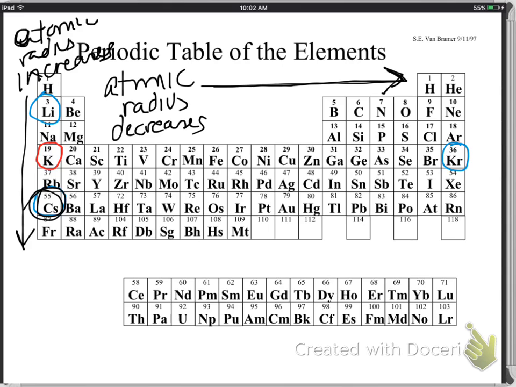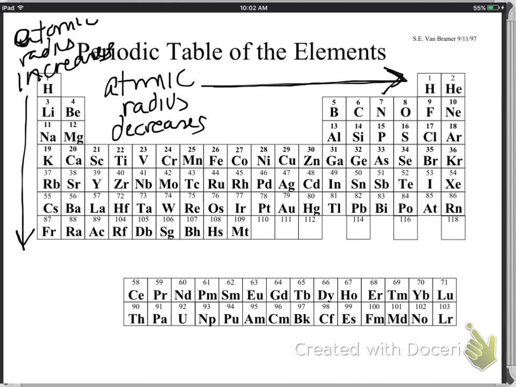Number 8 is a little bit tougher because you have to know what happens when you form an anion. Does radius increase or decrease? Form an anion, you add an electron. You now have more electrons pulling out than protons pulling in. They get bigger.